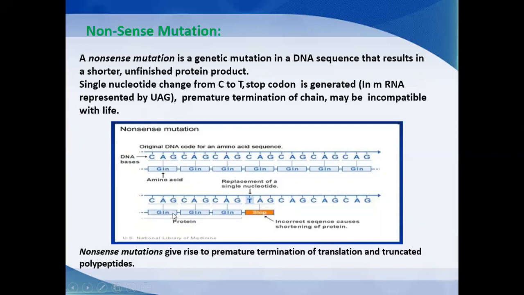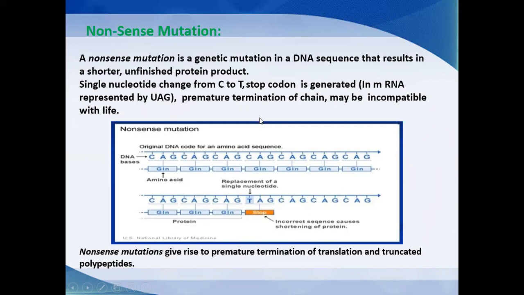So after the addition of glutamine, the protein synthesis is immediately terminated. That's why we get very few amino acids in the protein molecule. So nonsense mutations give rise to premature termination of translation and truncated polypeptides. Truncated means short polypeptide chains arise due to nonsense mutations.